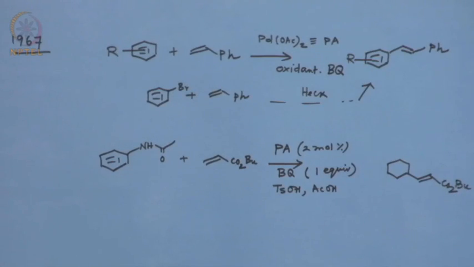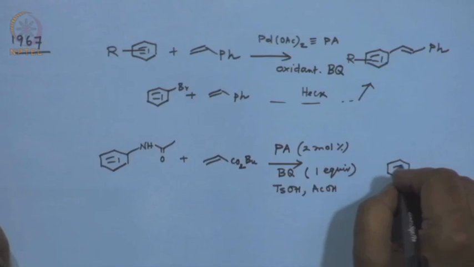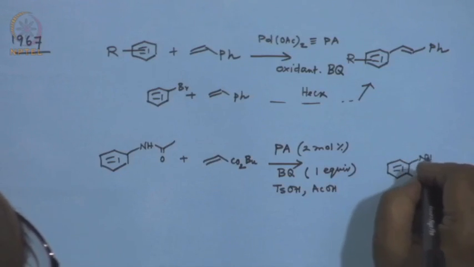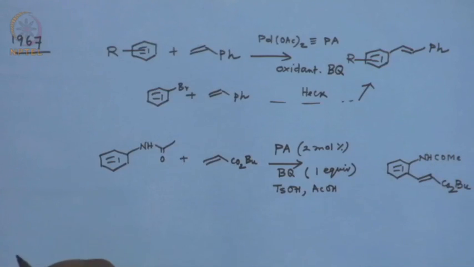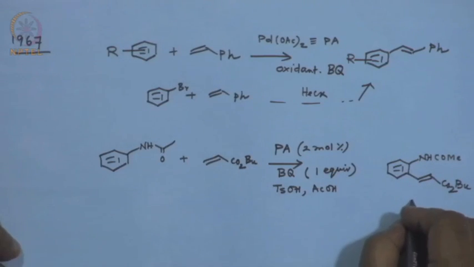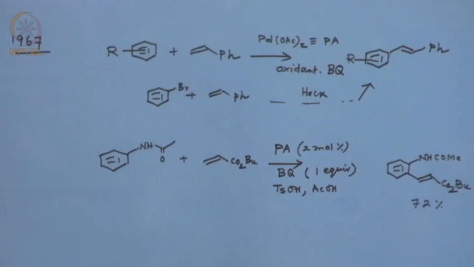That means a benzene ring is being alkynated, and the other portion is as it is. This is a single product, and the percentage yield is 75%, 72%.